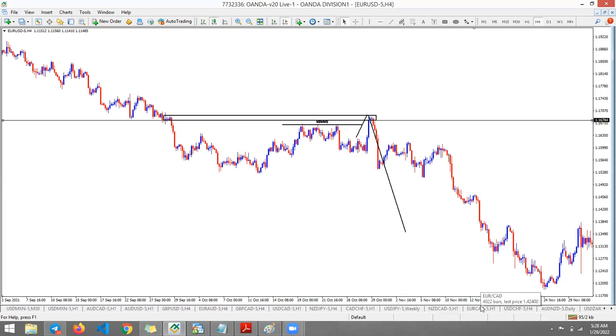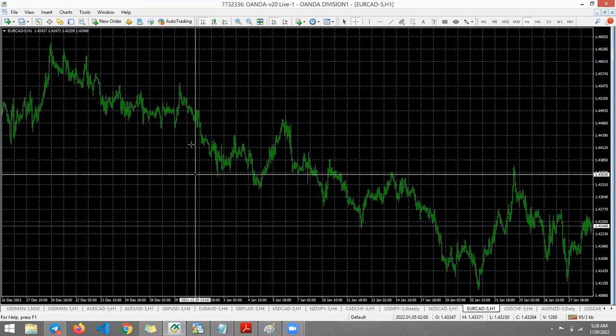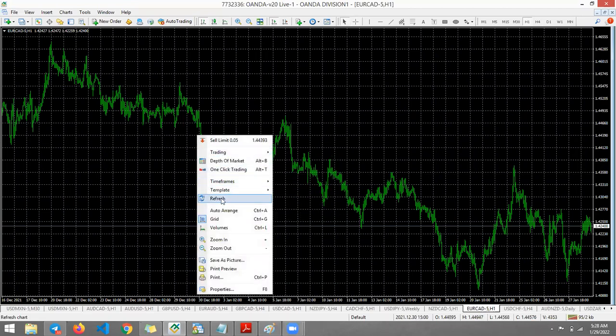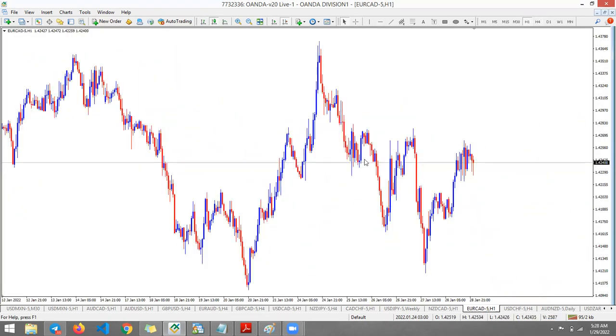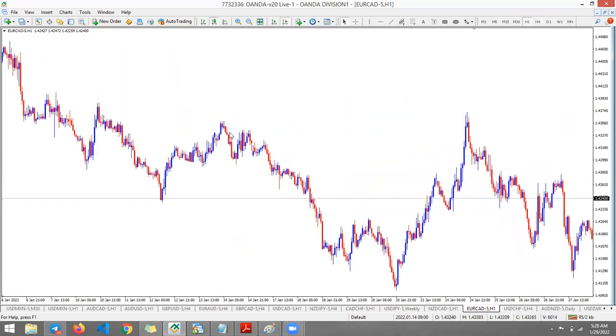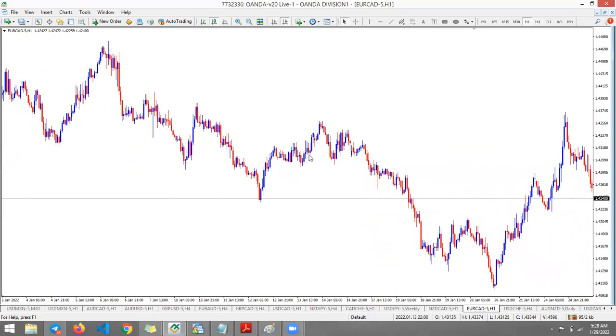Let me see if we had another example here. Yeah, now the concept of liquidity, especially if you're looking out for those very significant levels. Take for instance this one, which was significant right there.